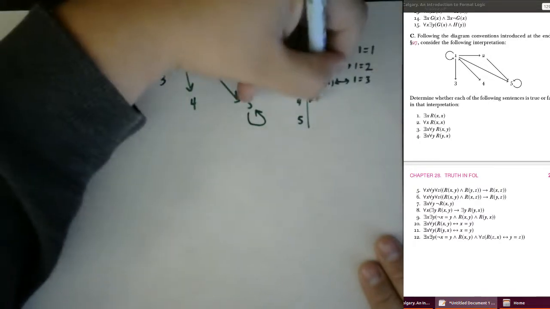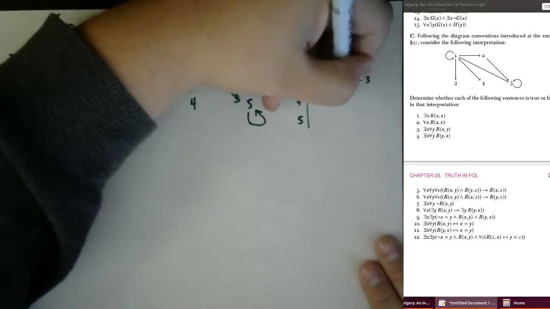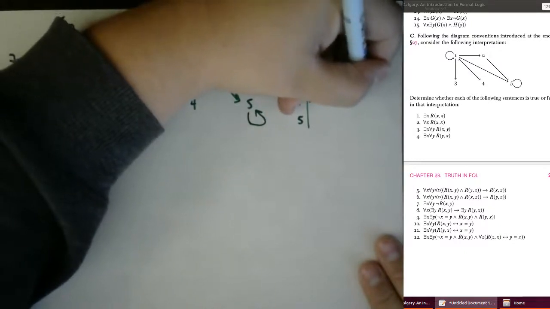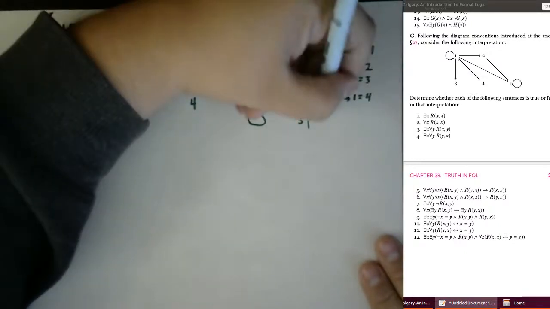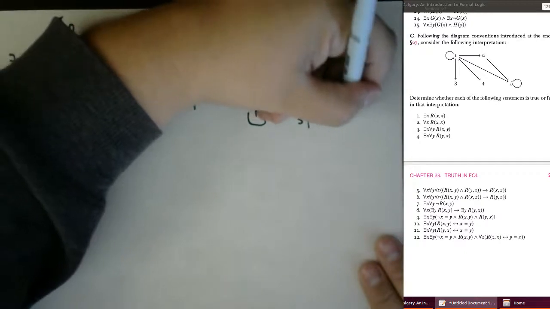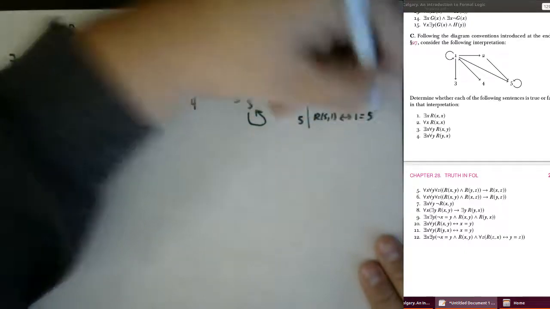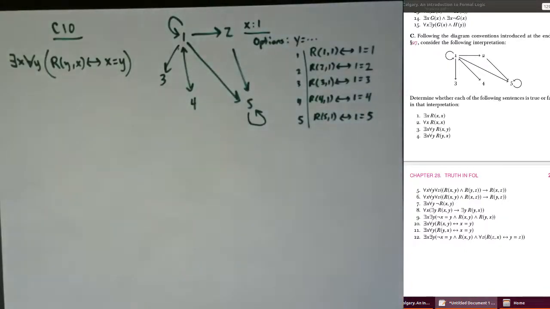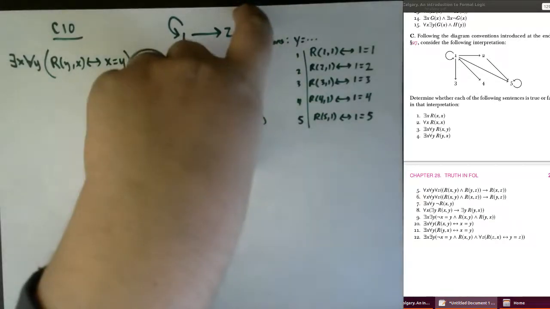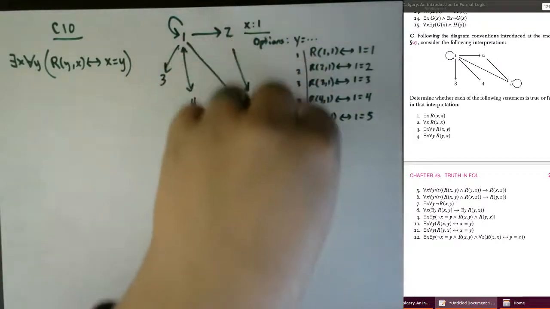And R 4, 1, if and only if 1 equals 4. And R 5, 1, if and only if 1 equals 5. Now, we only get a problem if one of these ends up false.